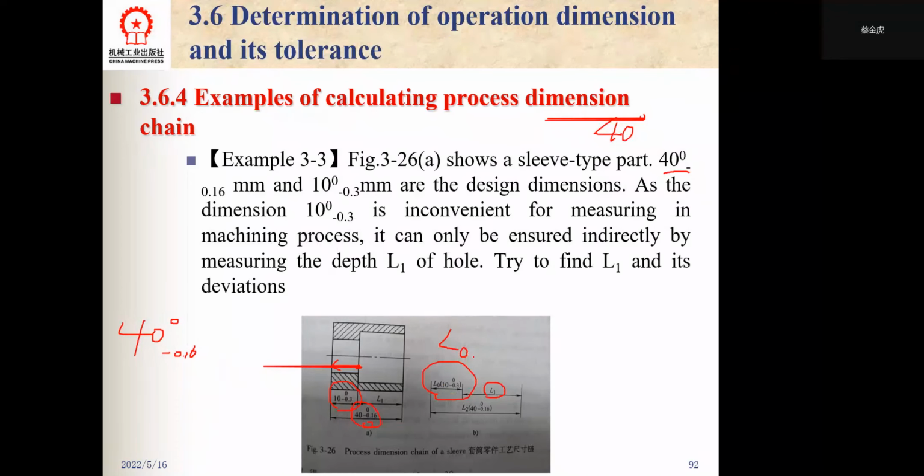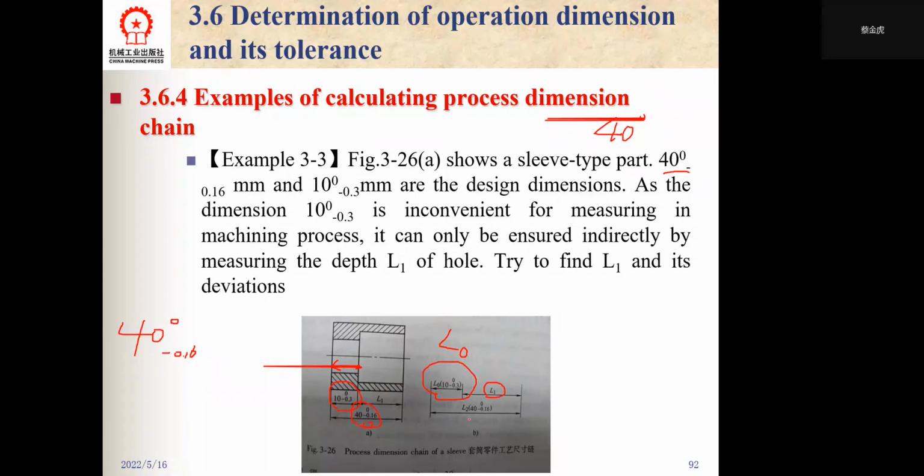So the first step to draw the dimension chain is to determine which one is the closed link. Because L0 is inconvenient for measuring, L0 is the closed link, and L1 and L2 are the component links.